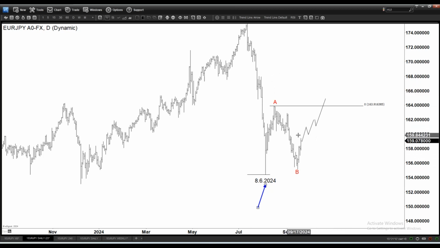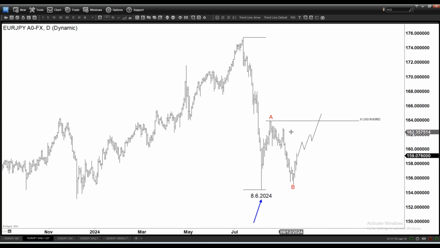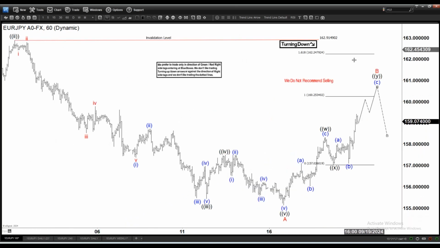I wouldn't completely discount that, but since Swiss Yen and USD Yen have already broken that low, it looks likely that we might hold above this previous peak and continue to extend lower. Therefore this is a potential area where we can at least do some sort of short-term pullback in the Euro Yen. Okay, so that's the update for today, guys.